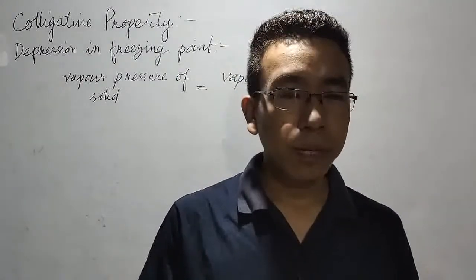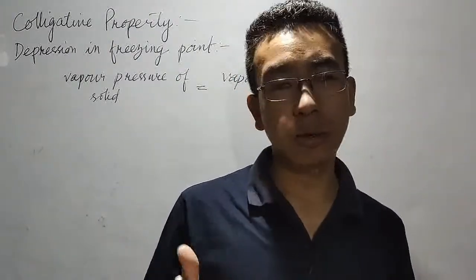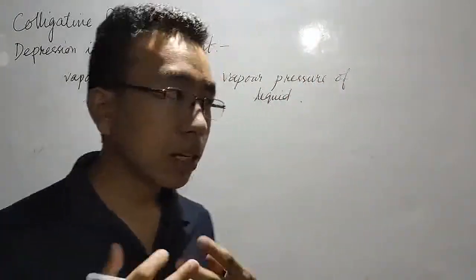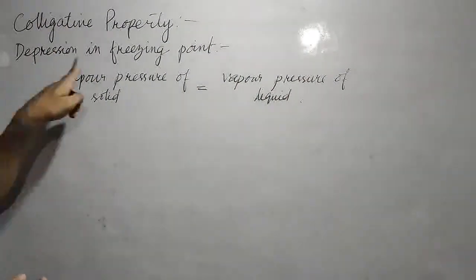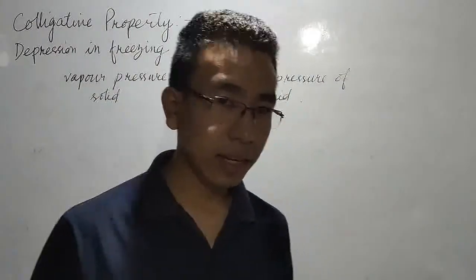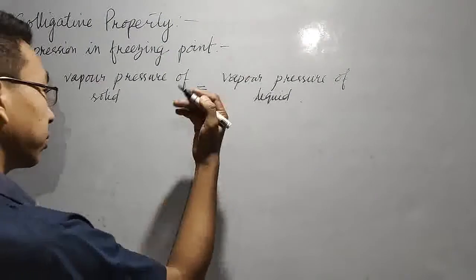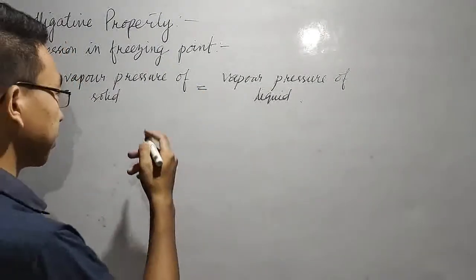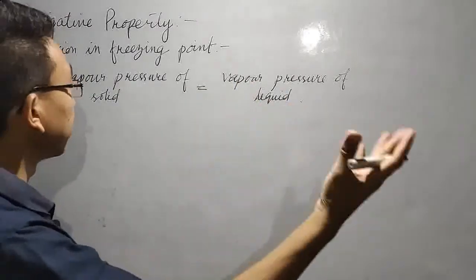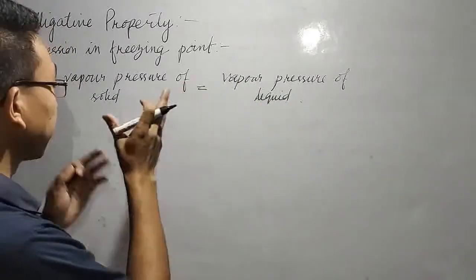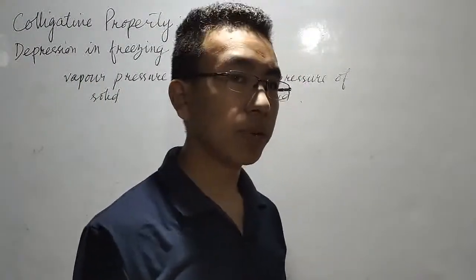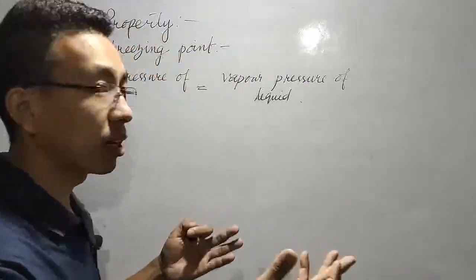Now suppose we take a non-volatile solute mixed with a solvent. Experimentally it was found that the freezing point of that solution decreases. Let us try to express this mathematically. One more thing is that the freezing point temperature of the solution is always less than that of the pure solvent.